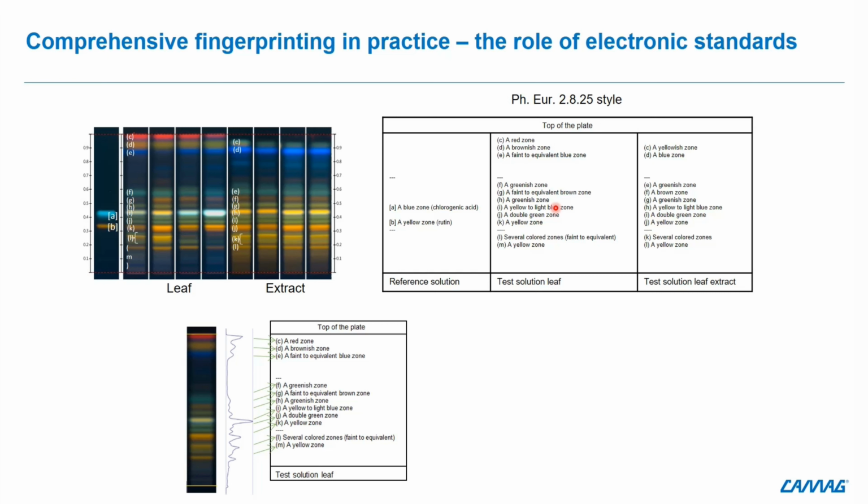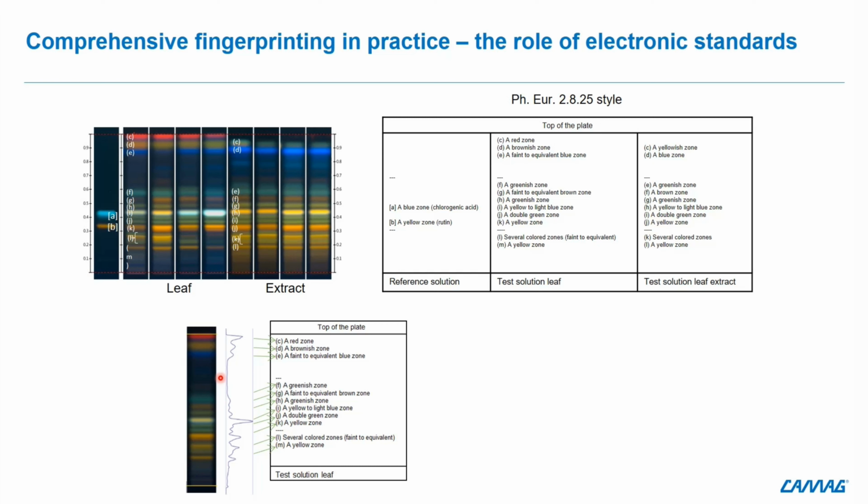And now a next step for manufacturers could be to define quality criteria of their products based on a representative HPTLC fingerprint obtained by merged fingerprints of multiple samples of good quality, representing also the natural variability and the range of the intensity of the characteristic zones.